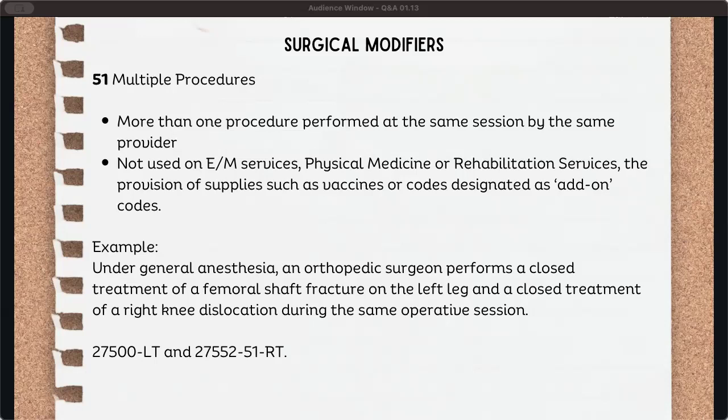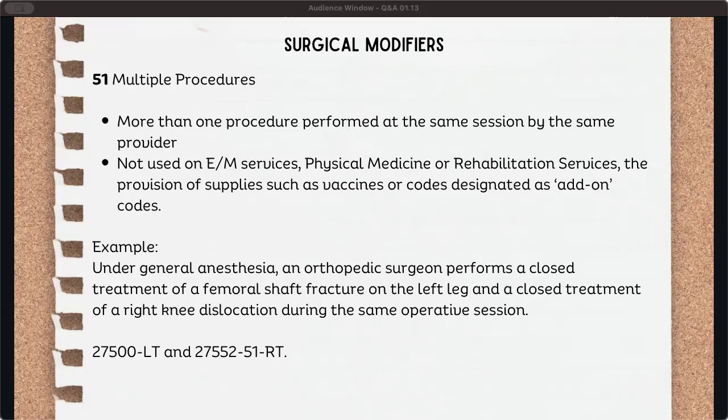So it's important to note that your modifier 51 is not able to be used on evaluation and management services, physical medicine, or rehabilitation services, and then the provision of supplies such as your vaccine, or codes that are designated as add-on procedures.